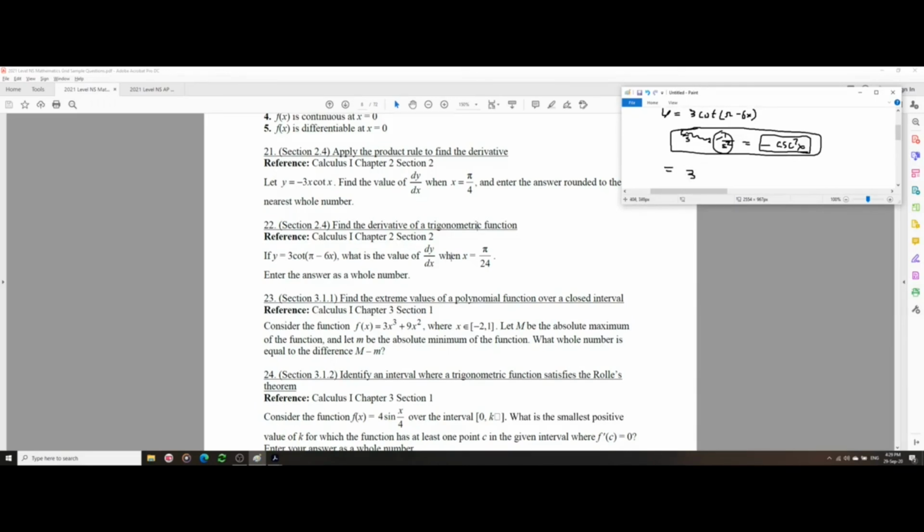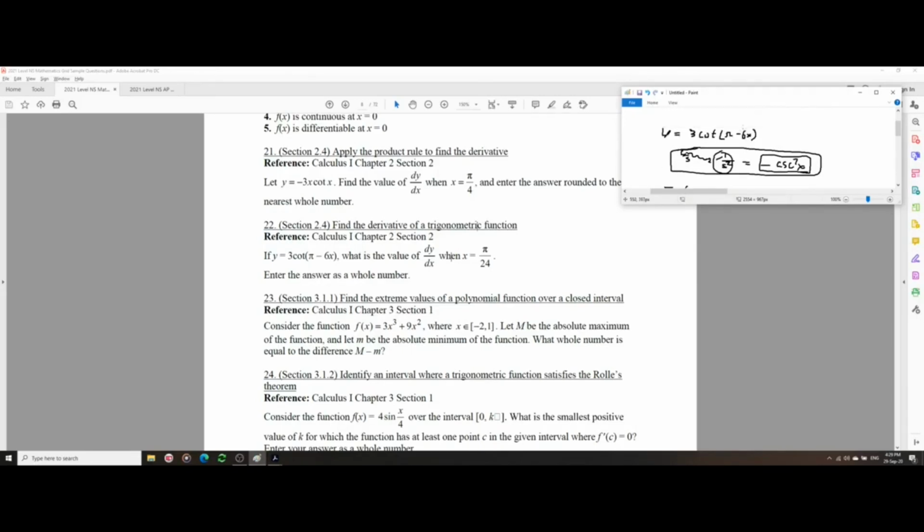So first of all, 3 just stays, it's just 3. 3 times cotan of pi minus 6x. Let's do this first: the derivative of cotan of pi minus 6x. The derivative of that is minus cosecant squared of pi minus 6x.